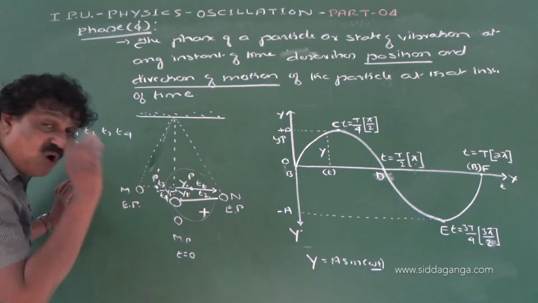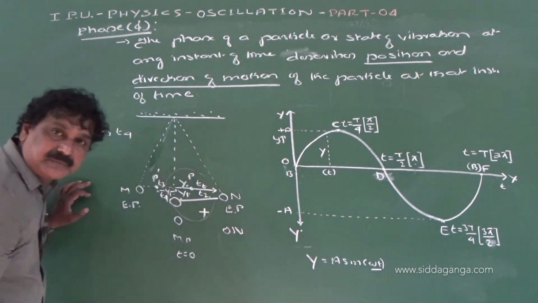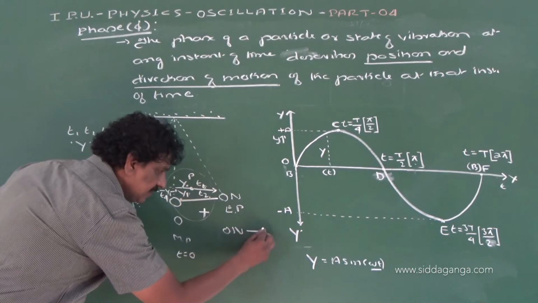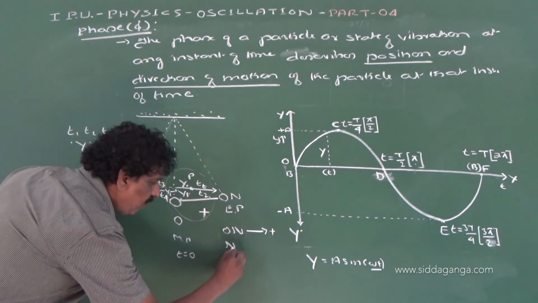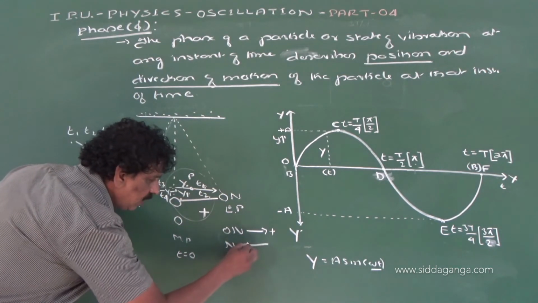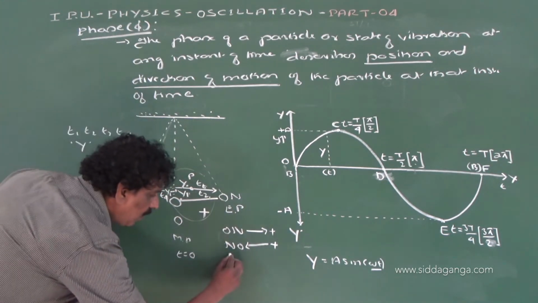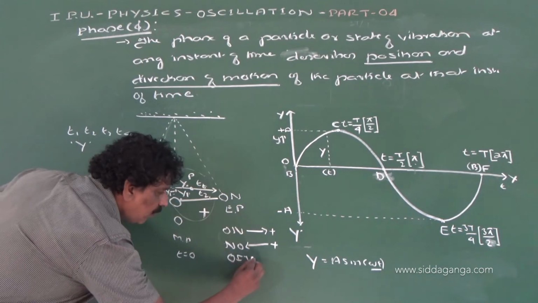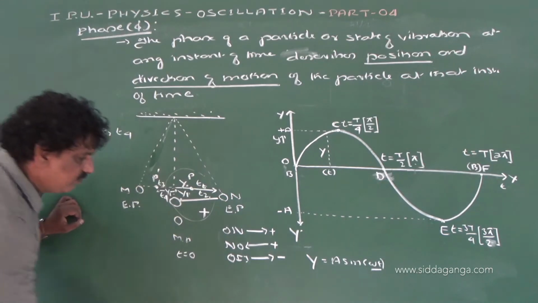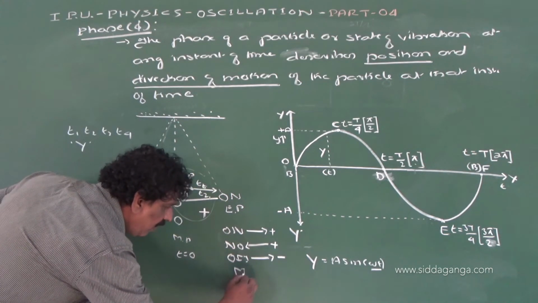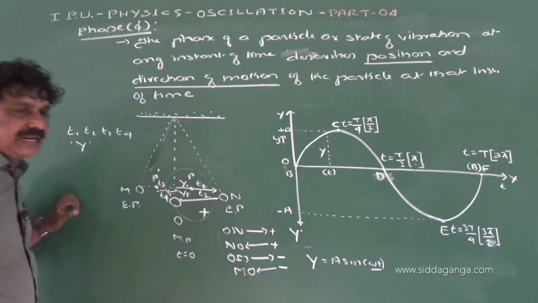Here we have 4 directions. ON: moving away from the mean position in positive direction. NO: moving towards the mean position in positive direction. OM: moving away from the mean position in negative direction. MO: moving towards the mean position in negative direction.